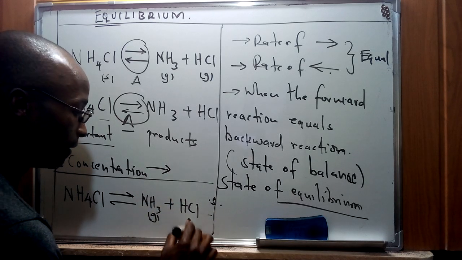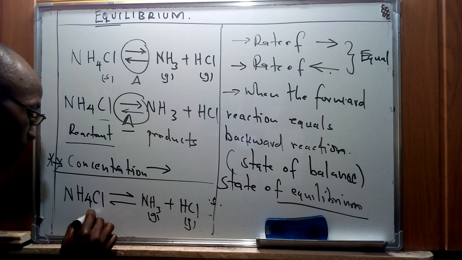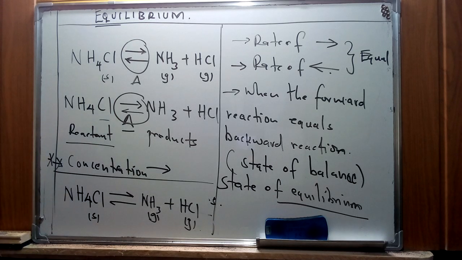This is a gas, this is a solid. So that one is going to show that both the products and the reactants are proceeding in the forward and back directions respectively, and the two are at the state of balance.